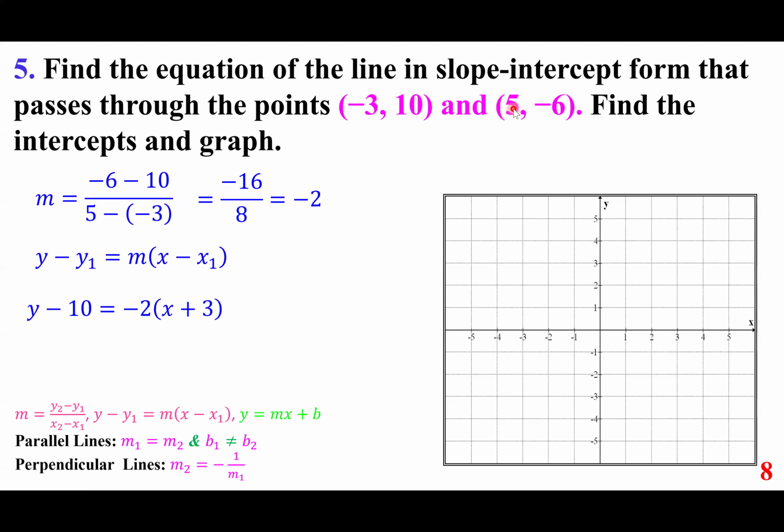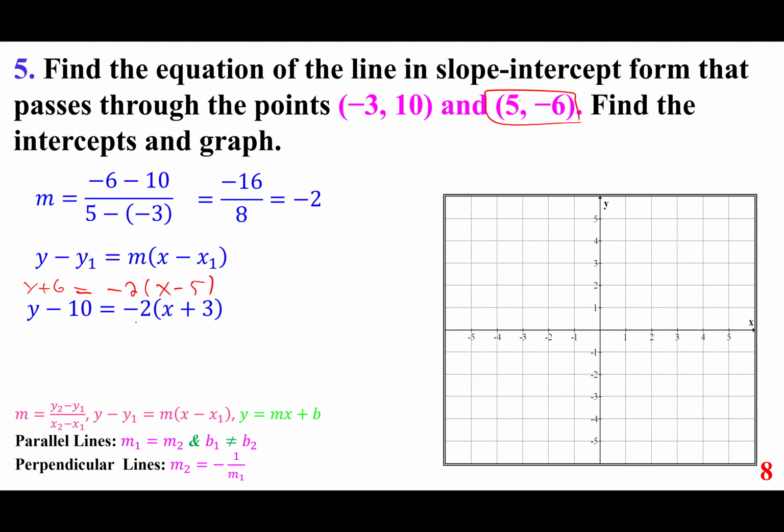If I use this pair, just to show you, I get y minus -6, which is +6, equals -2 times x minus 5. Both of these equations, when you simplify and solve for y, they give you the same answer.